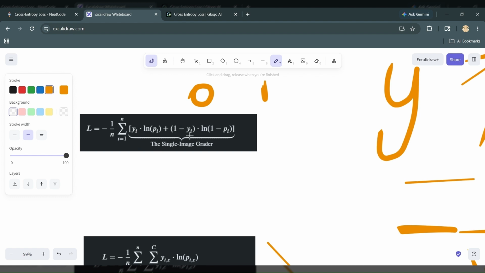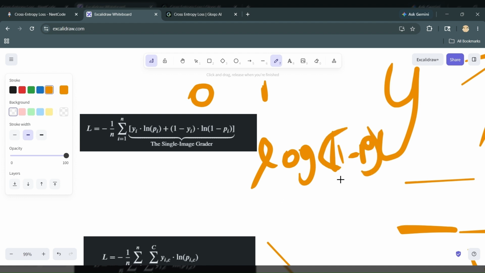That will be 1 minus 0, and so the value at the end will be log of 1 minus predicted value. So at the end of the day, we're just finding the mean of the logs we got. And if it is 1, that will be straight up log p, the predicted value's log. This is the unpredicted value's log.